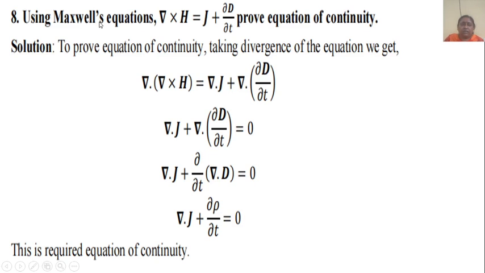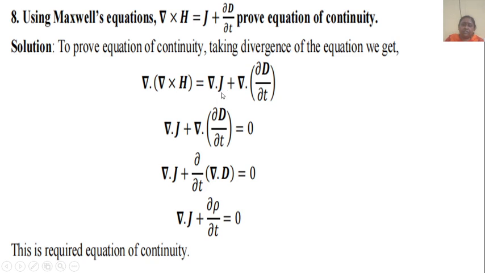Now using Maxwell equation, del cross H equal to J plus delta D by delta T, prove equation of continuity. Now to prove equation of continuity, taking the divergence of the equation, we get del dot del cross H equal to del dot J plus del dot delta D by delta T. So here again del dot del cross H equal to 0.